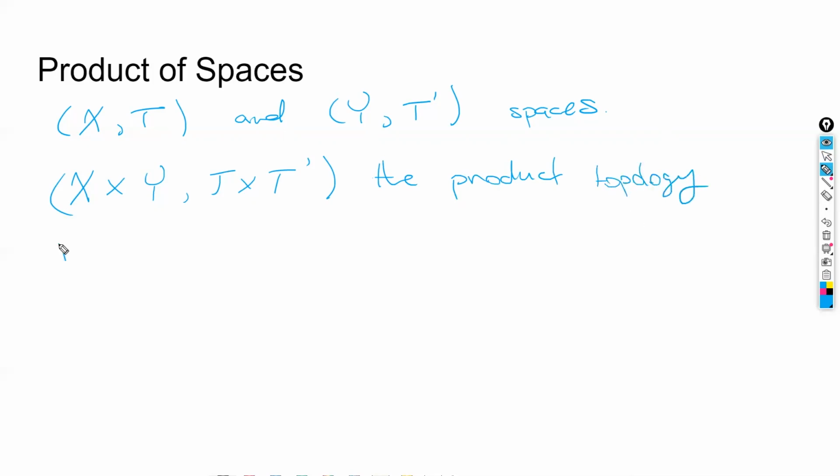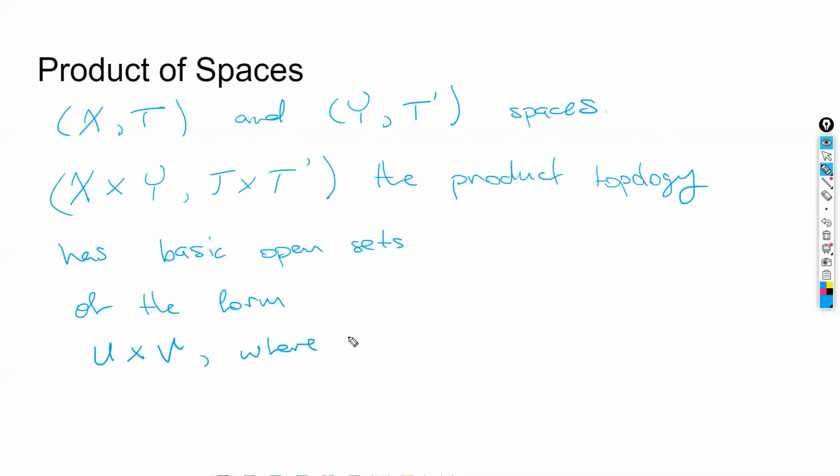And this topology has basic open sets of the form U cross V, where U is in T and V is in T prime.